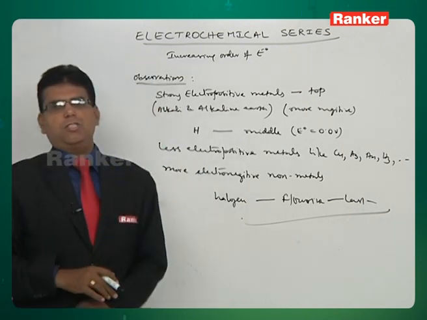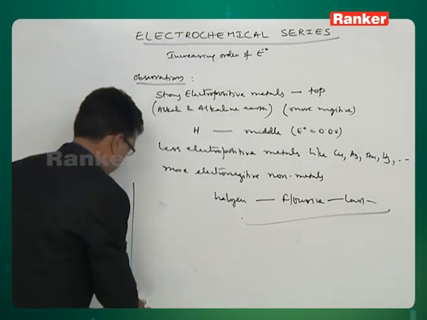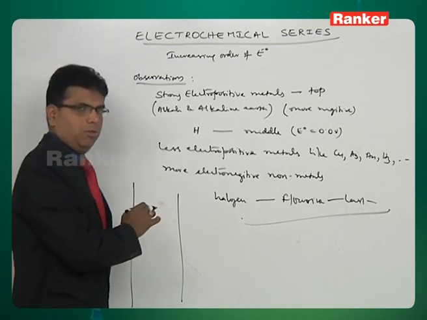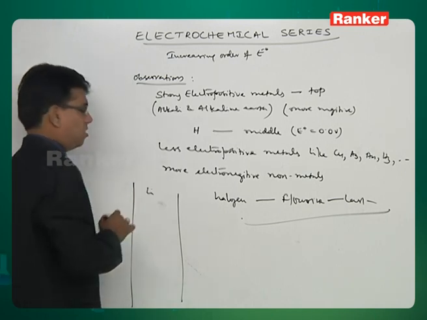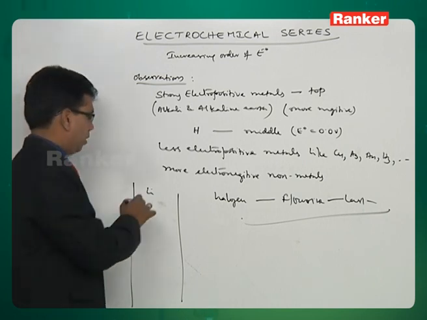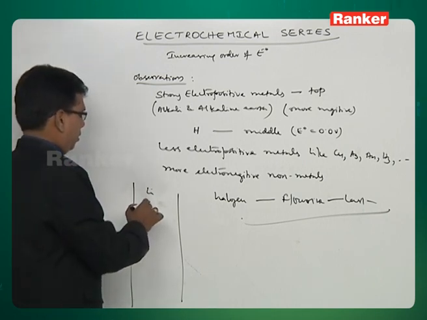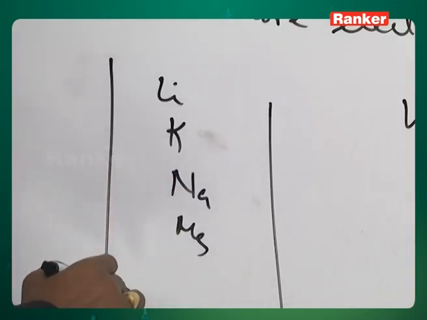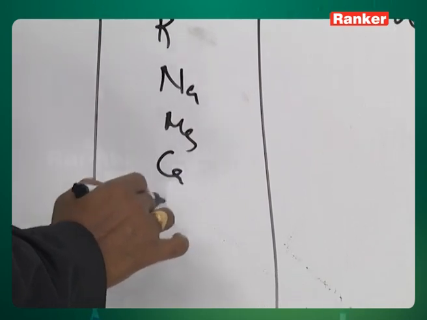So, what are the observations made? First, highly electropositive alkali metals. It starts with lithium, followed by elements like potassium, sodium, magnesium, calcium, aluminium.